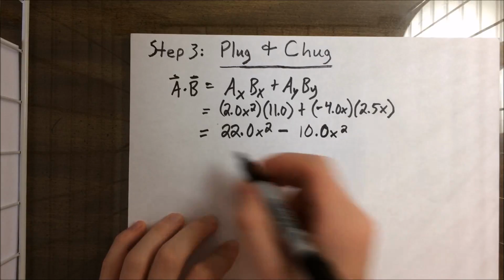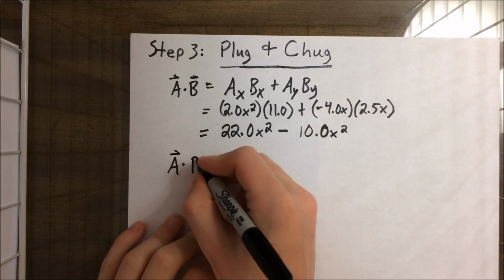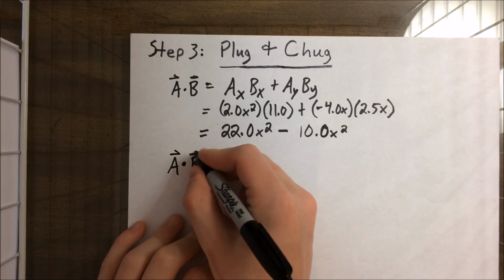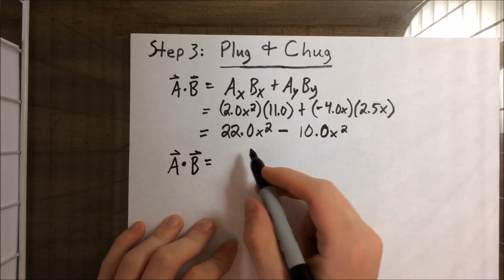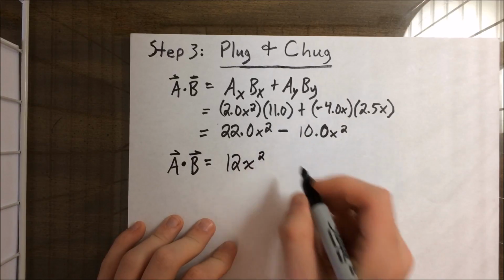Okay, so then your final answer, a dot b, is going to be equal to 12x squared.